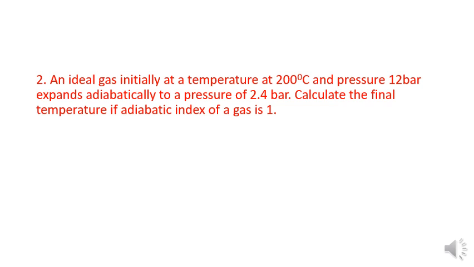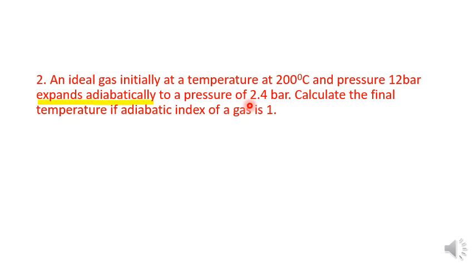Expands adiabatically means adiabatic expansion process. For the ideal gas, the temperature T1 is 200 plus 273, 473 Kelvin, pressure 12 bar, so 12 into 100, 1200 kilonewton per meter square, and then pressure 2.4.